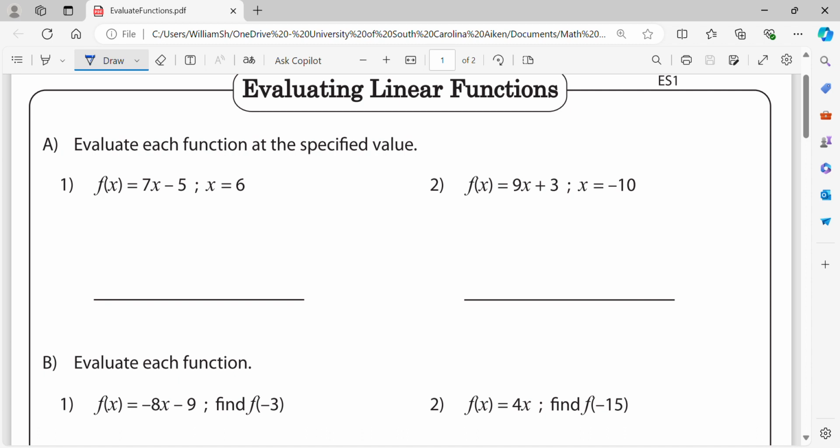Now, with functions, it's important to note, especially with function notation, which is what we're about to look at, how things change with the value of x you choose to plug in. So for number 1, it says f of x, and just keep in mind that f of x stands for a function of x.